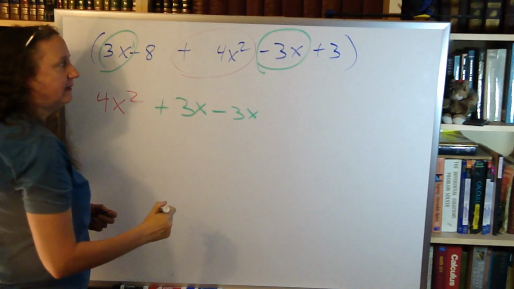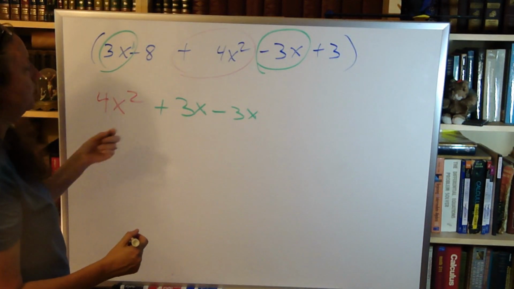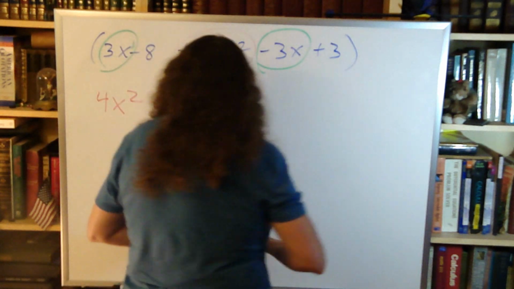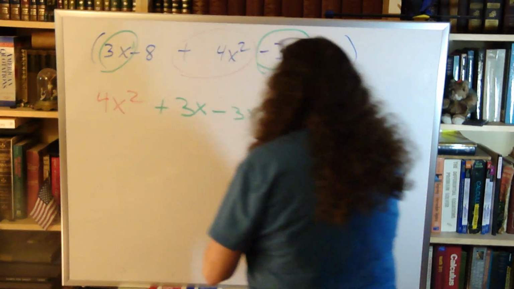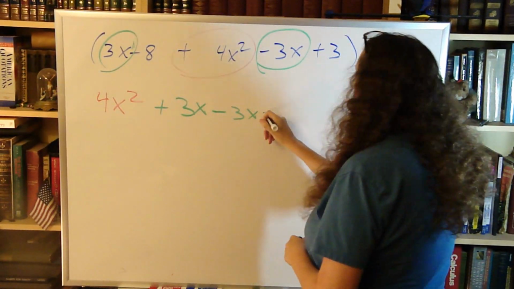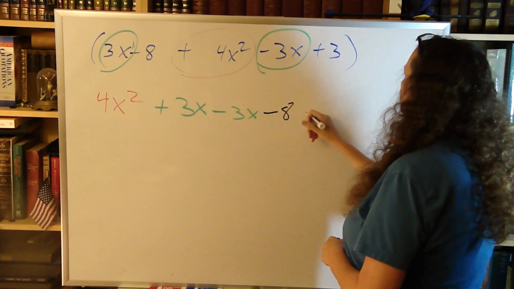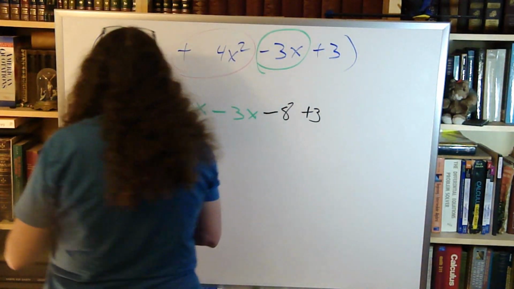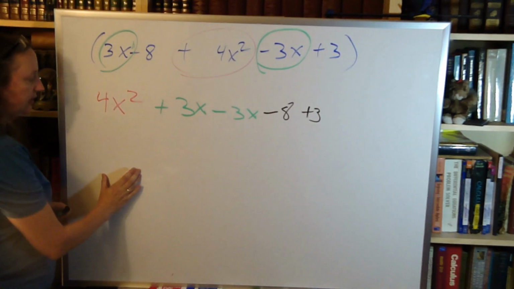Take the sign in front of the coefficient. Then I go with my minus 8. And my plus 3. Nothing to combine here, so it just gets carried down.